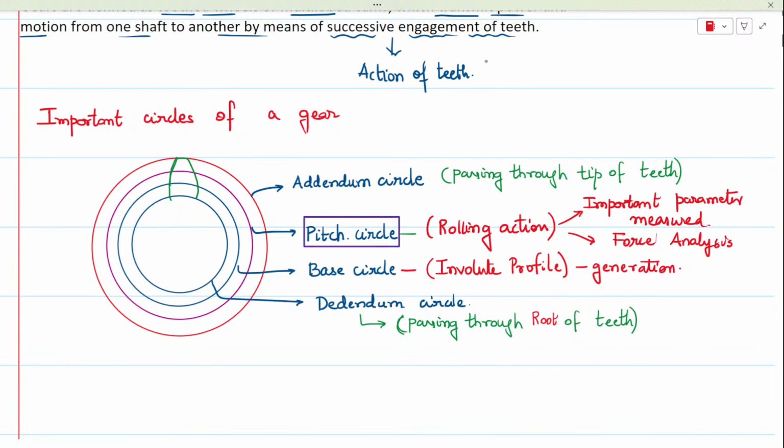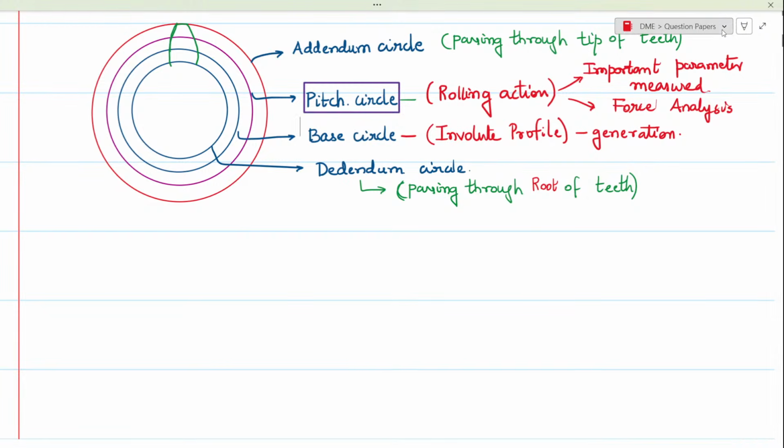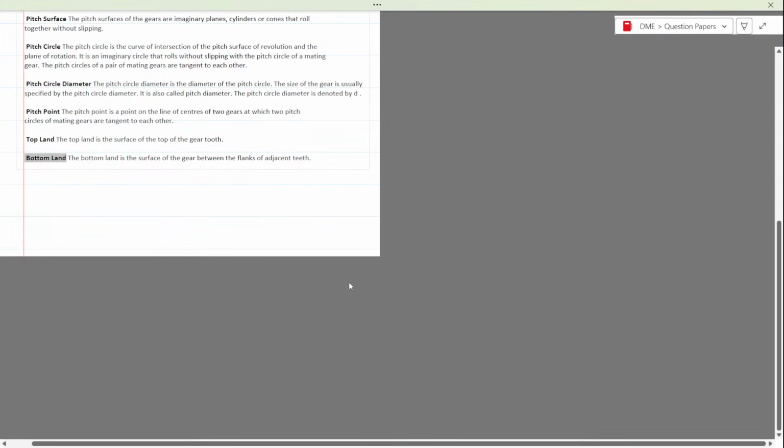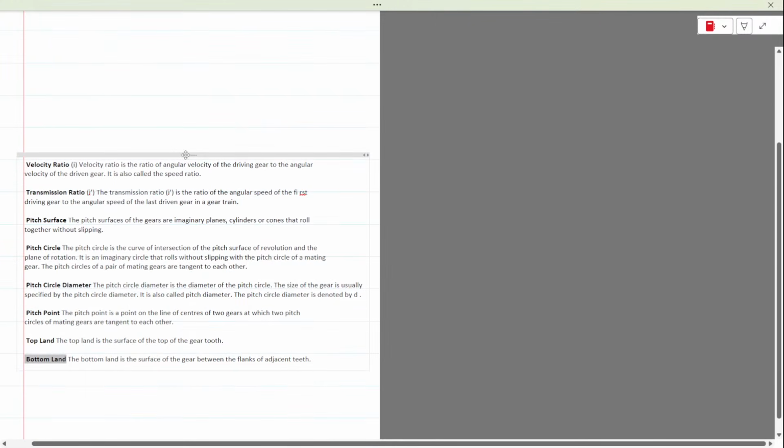Now let's try to understand the terminology related to each of these, for each of the gears. Let me go to the next slide. Yeah. So first is pinion and the gear.